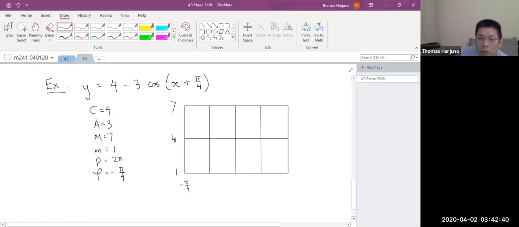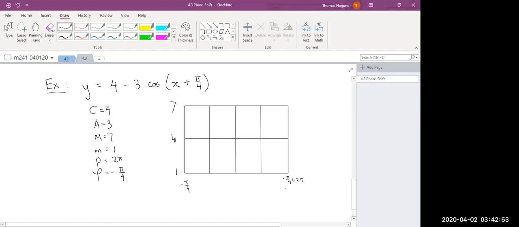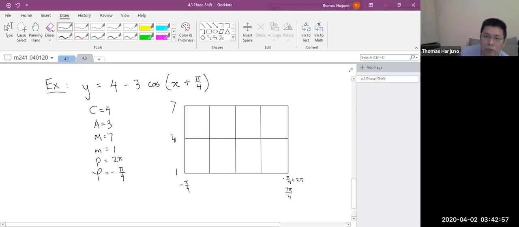So negative pi over 4 plus 2 pi is what? 7 pi over 4. That's right. And then this will be 3 pi over 4, this is pi over 4, and this is 5 pi over 4.